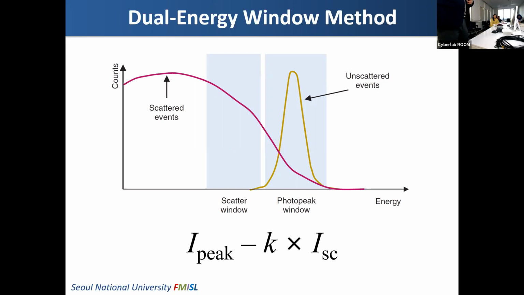For example, it will also be dependent on the width of the window that we use. Right? So for technetium-99m, if we use the same width for the primary and scatter windows, we are going to have about a 0.3 or 0.4 scatter fraction value. This is very simple but very useful method for scatter correction. Okay.